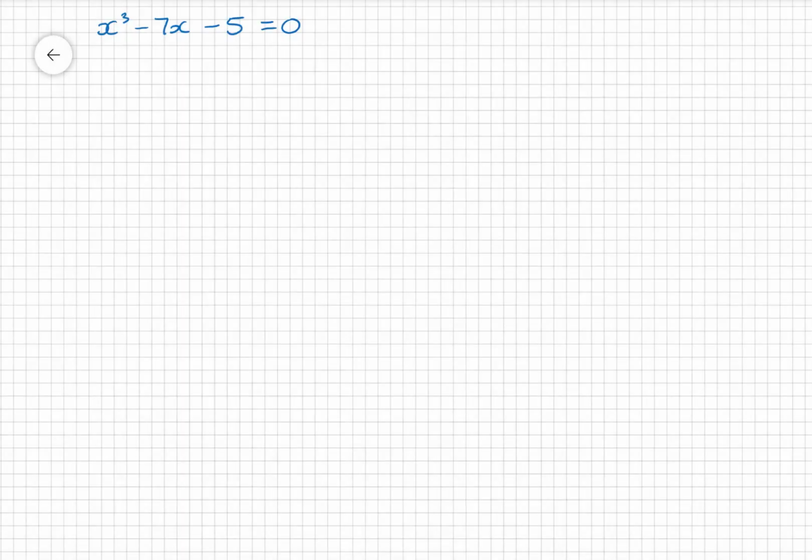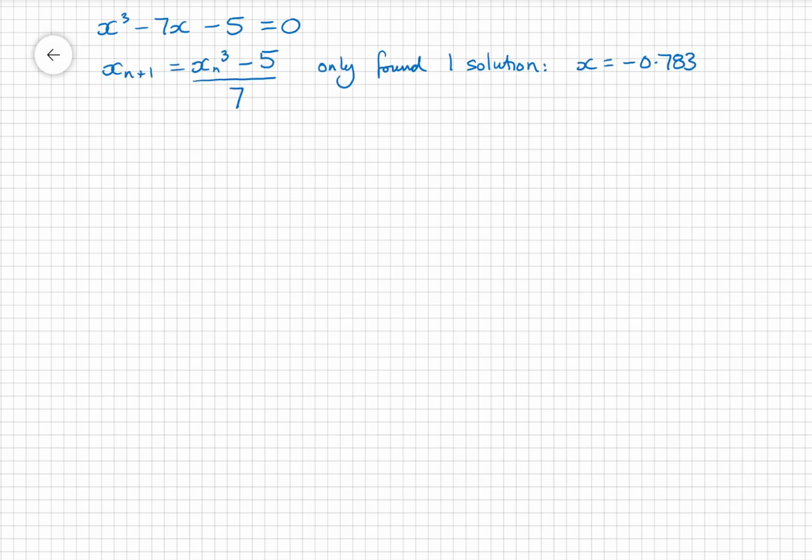So far then, in trying to solve the equation x cubed minus 7x minus 5 equals 0, we've used one arrangement, x_(n+1) is equal to (x_n cubed minus 5) all over 7, and we found that that only led to the finding of one of the solutions, the central one, minus 0.783.